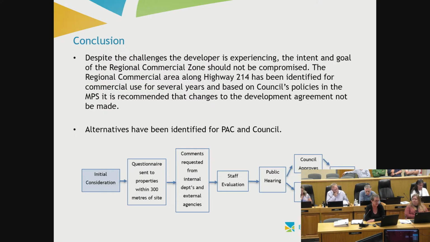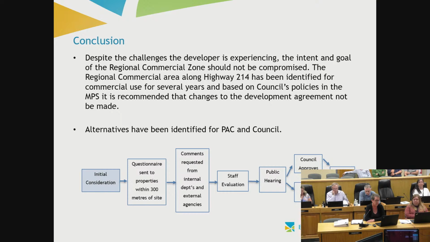So to conclude, despite the challenges the developer is experiencing, the intent and goal of the regional commercial zone should not be compromised. The regional commercial area along Highway 214 has been identified for commercial use for several years, and based on council's policies, it's recommended that changes to the development agreement not be made.